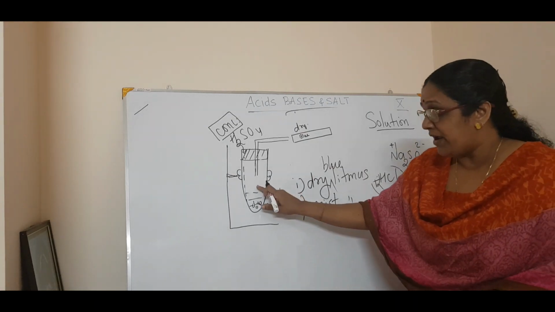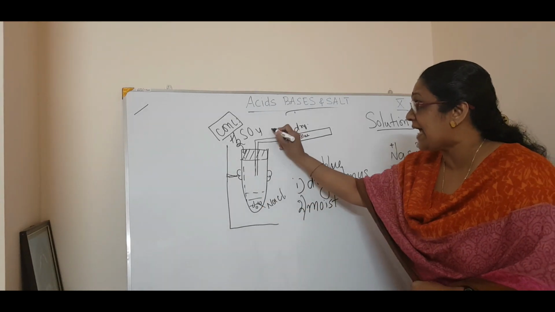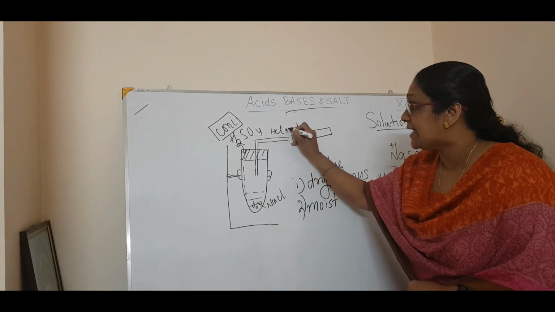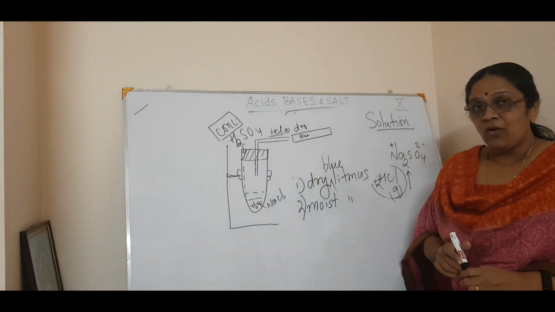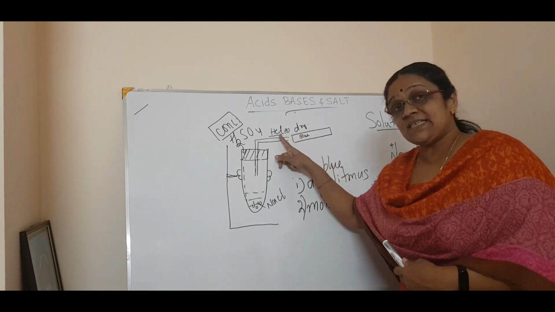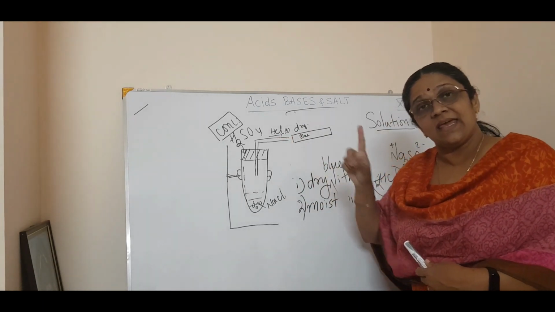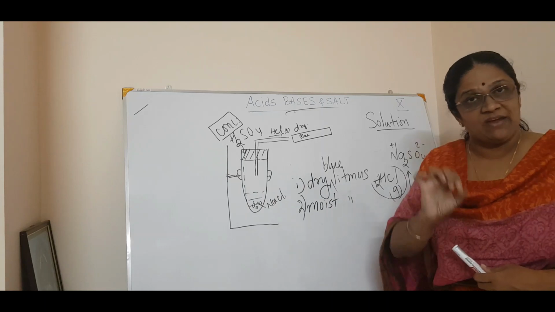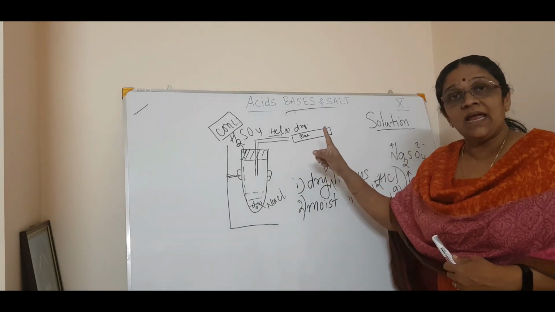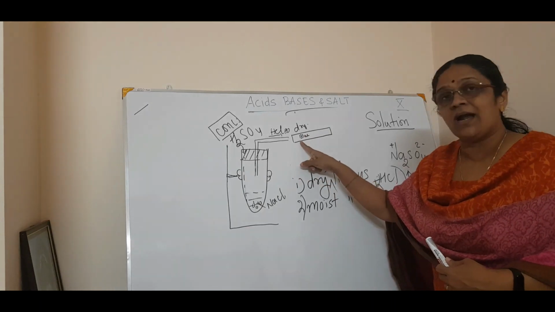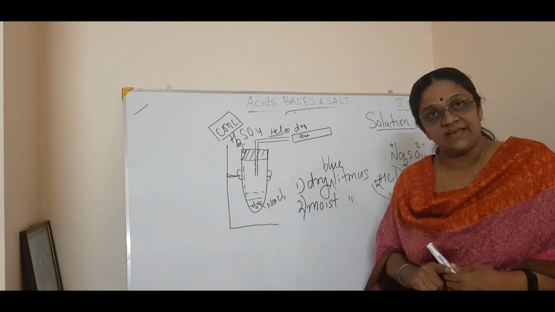And you know, when this reaction happens, which gas is evolved? HCl gas is evolved through this delivery tube. Now, if this HCl gas shows an acidic behavior, what should be the color change of this blue litmus? It must change from blue to red, isn't it?